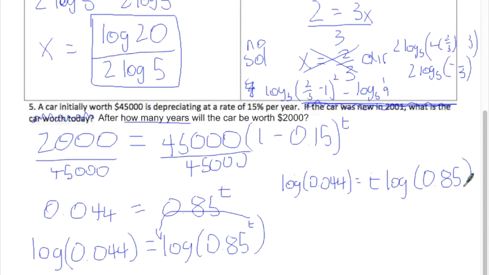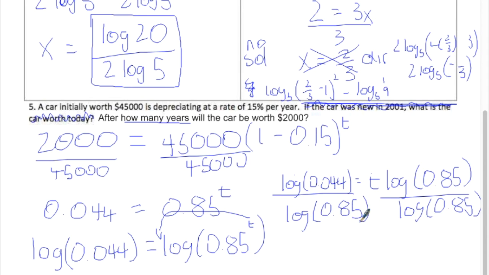And now to solve, all I have to do is divide by log of 0.85. And since these are base 10 logs, I can just put them in the calculator. And when I do that, I get time is approximately 19 years.